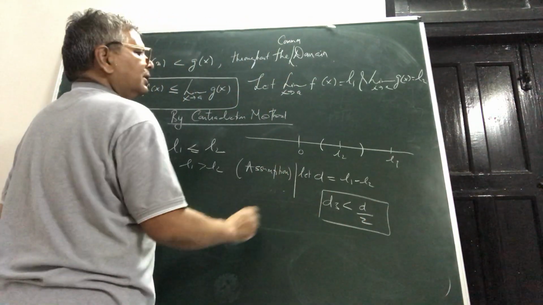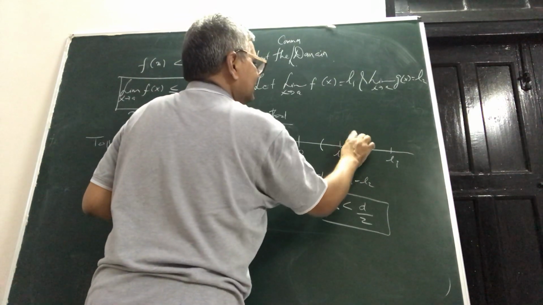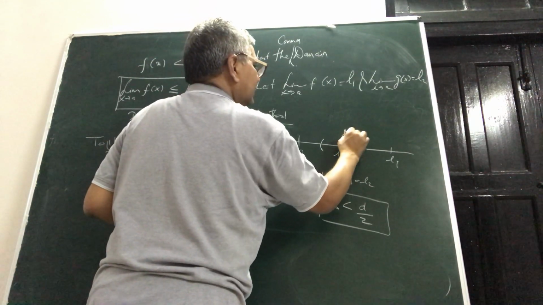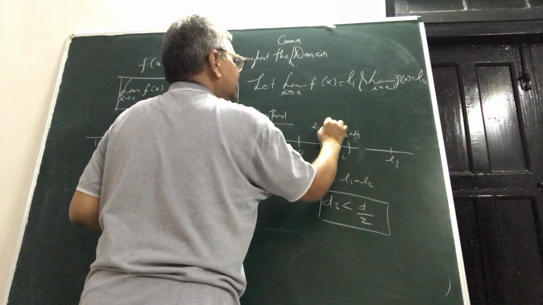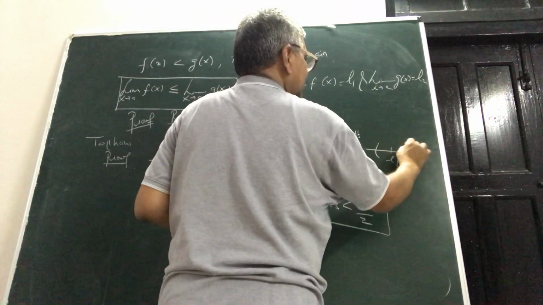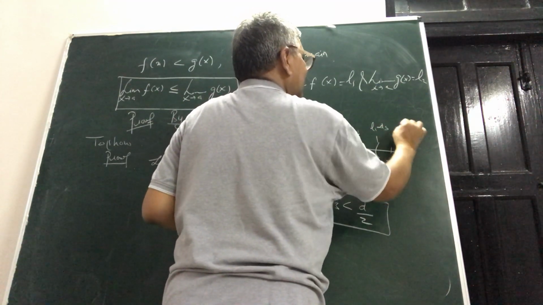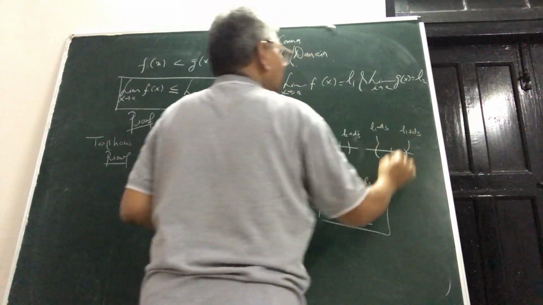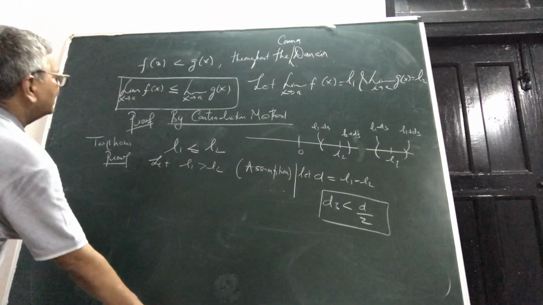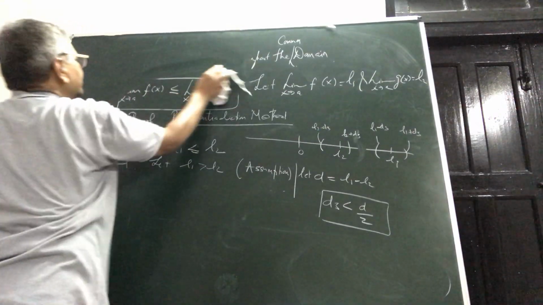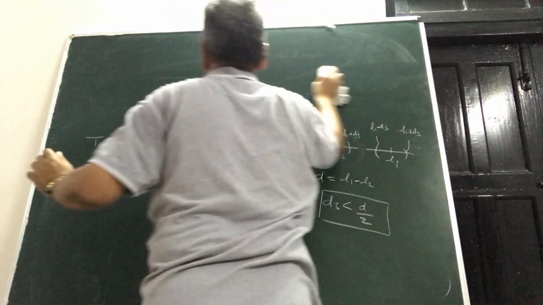This mark is L2 plus d3, and this mark is L2 minus d3. Similarly, this mark is L1 minus d3, and this mark is L1 plus d3. So two intervals we have considered. Now see, since the individual limits exist, it is too easy for us to show why this thing will happen.